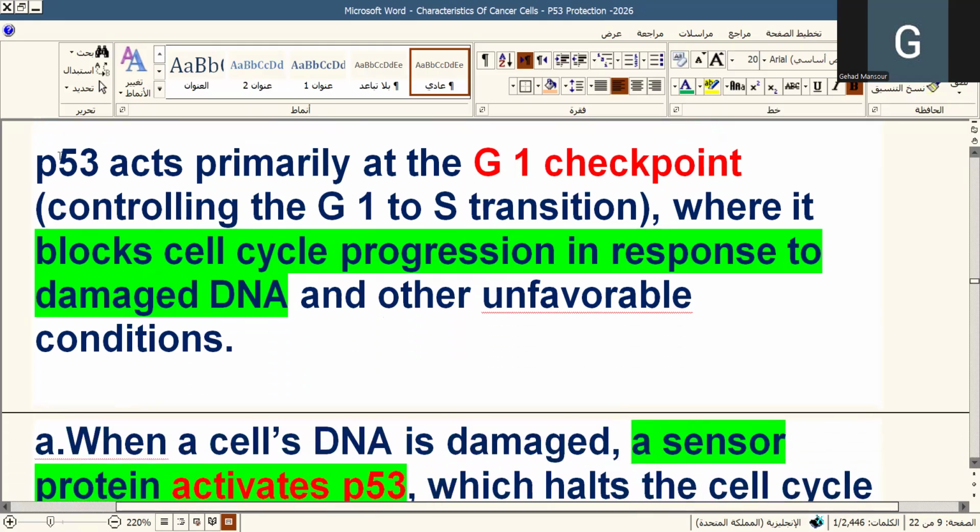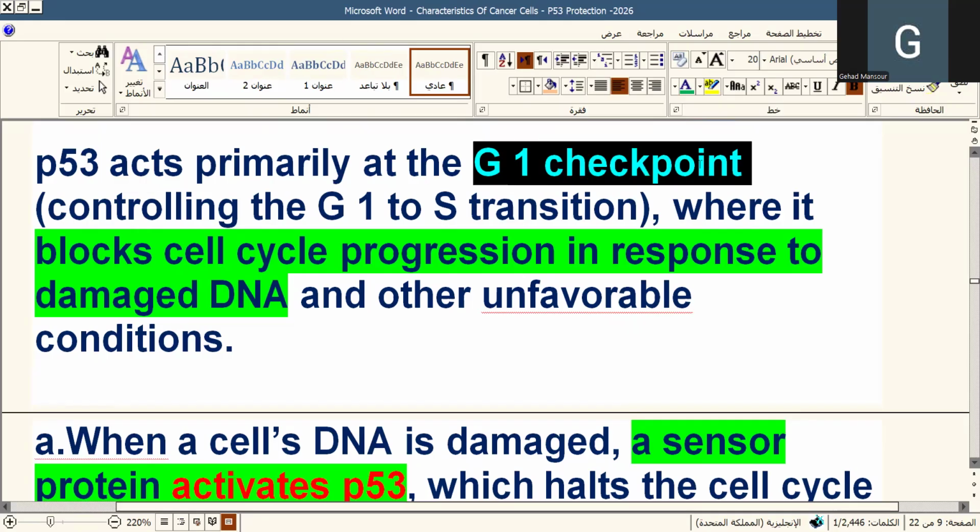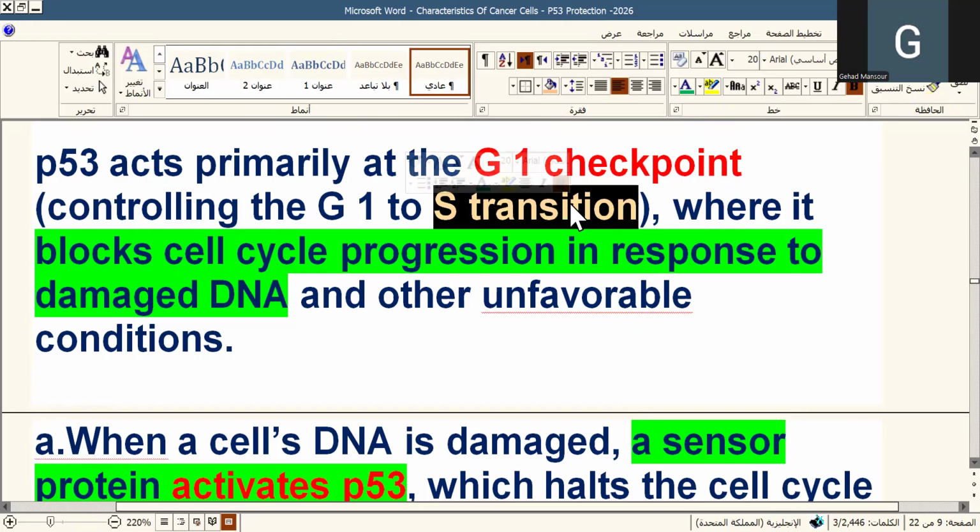That's why P53 acts very early in the cell cycle, as we have seen in the first diagram on the cell cycle. It acts at the G1 checkpoint, which is present at the end of growth phase number 1, meaning that it occurs before the transition to the synthesis phase, where the cell is going to replicate its DNA.